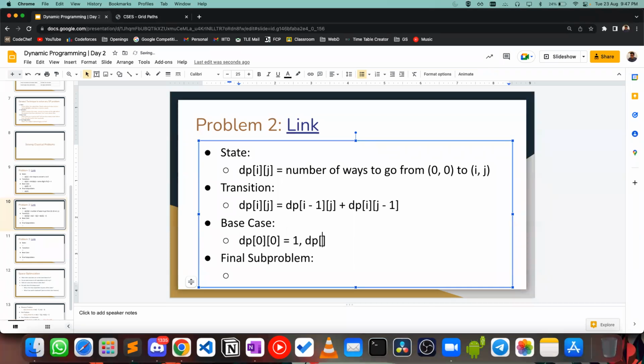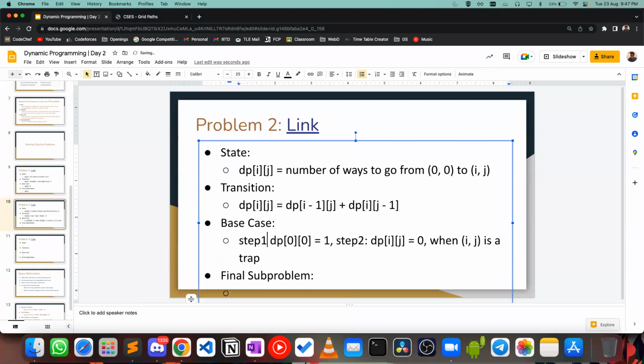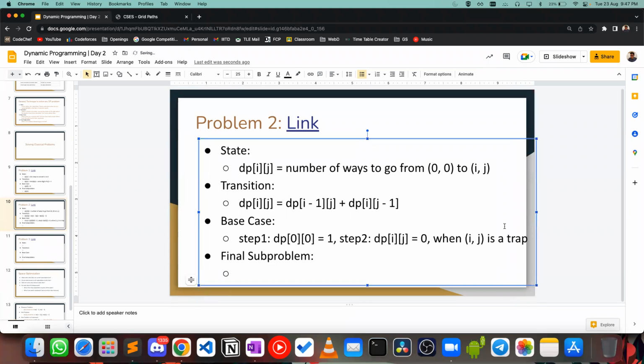Then I say dp of i, j is equal to 0 when i, j is a trap. This is step 1 and this is step 2. Fine. So can I say that making a base case like this will work? First I do this and then I do that.